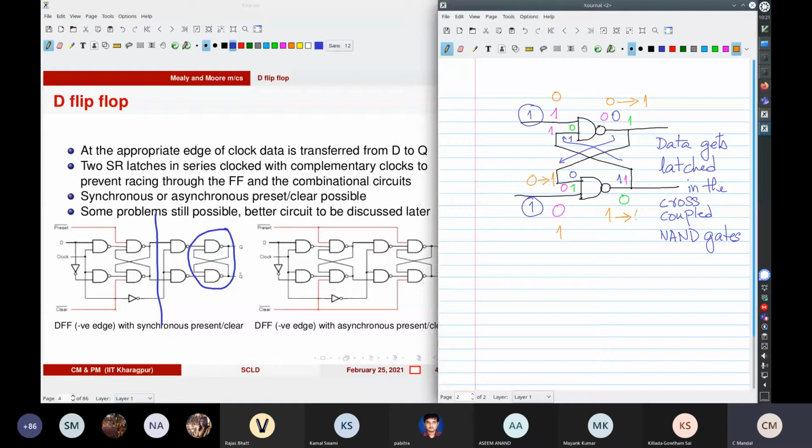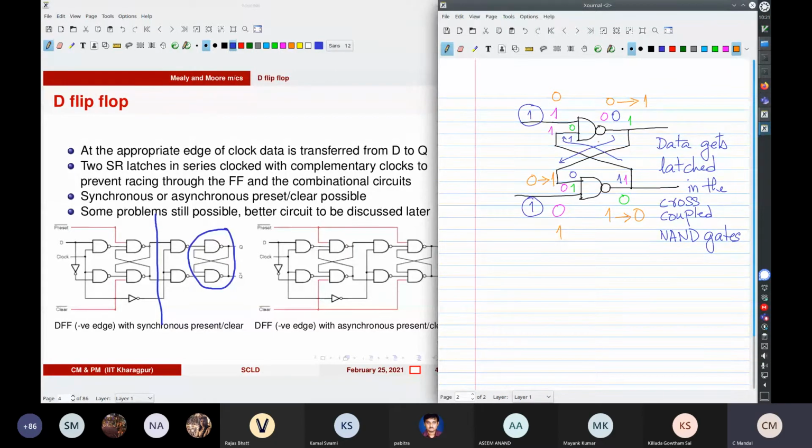So this is a very important case. That is, if you have a 1 here, and a 0 here and a 0 here, this 0 forces a change of state. It forces the 0 to become 1, and then it latches 1.